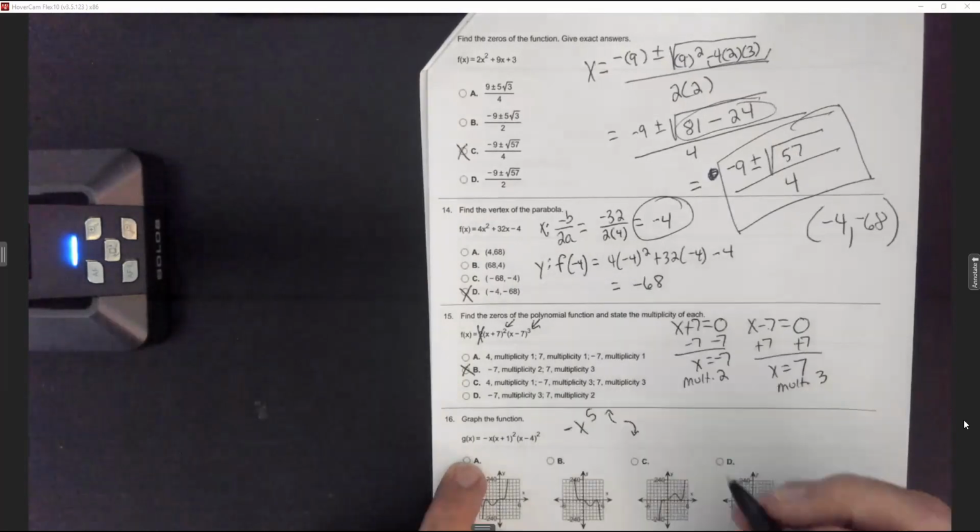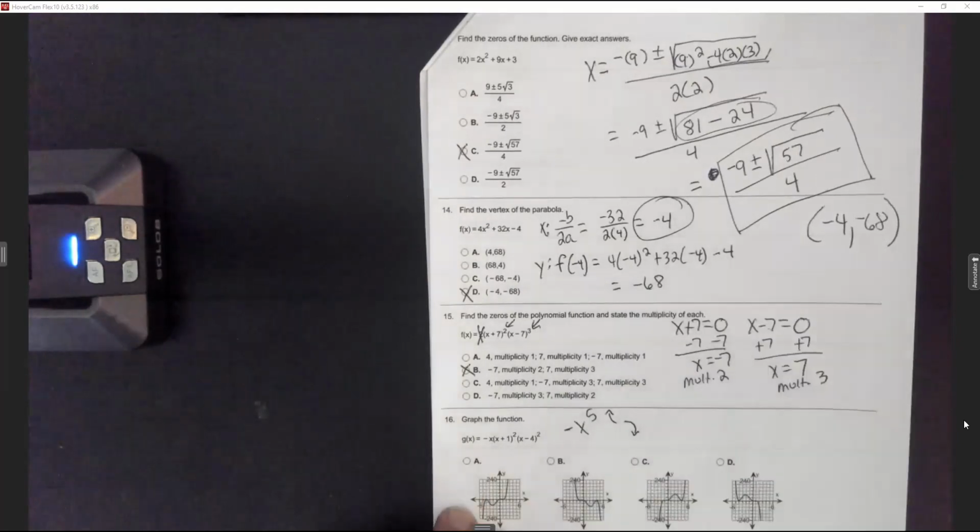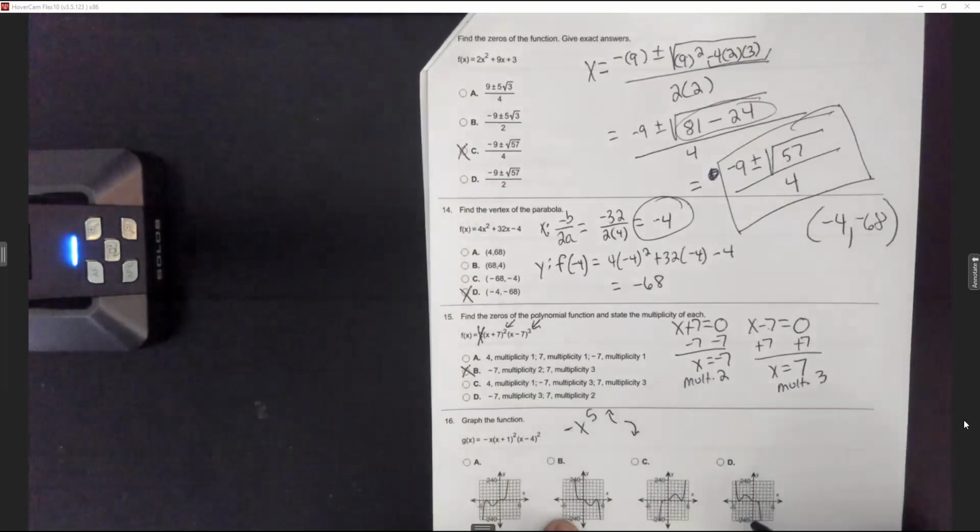And remember, we had that little chart with the degree and the lead coefficients on it. So notice, going downhill, it can only be either B or D. So we need to see, is everything happening on this left side or on that right side? So I'm going to go to my calculator. Let me show you, we're going to graph this.